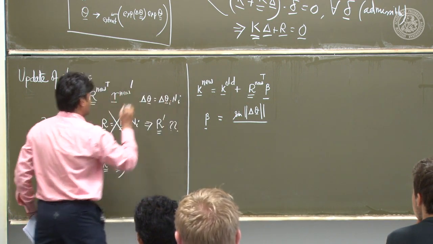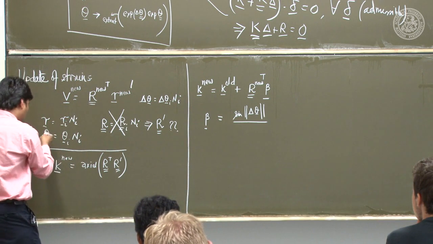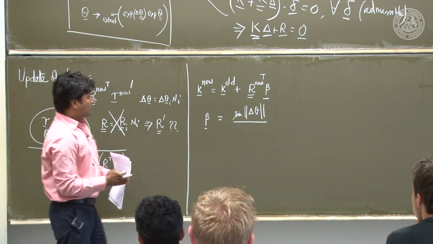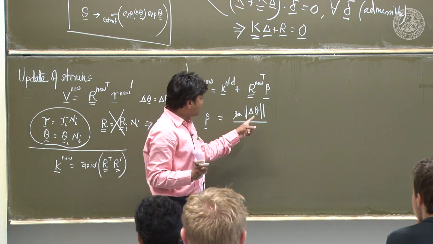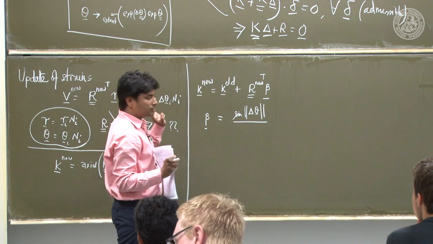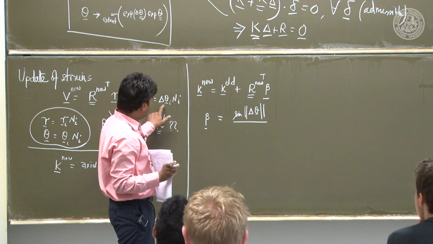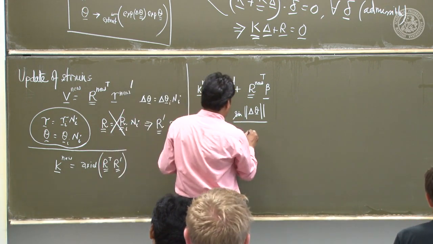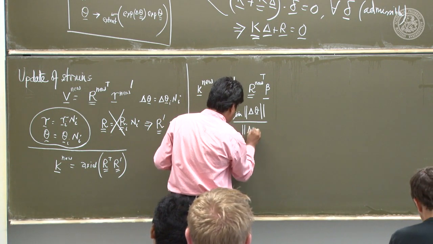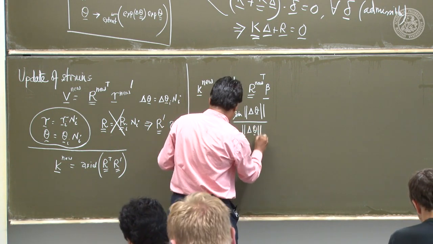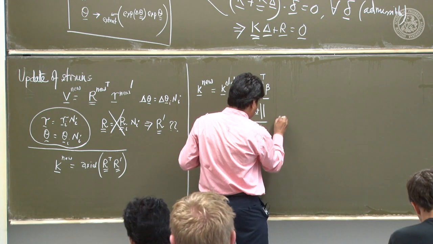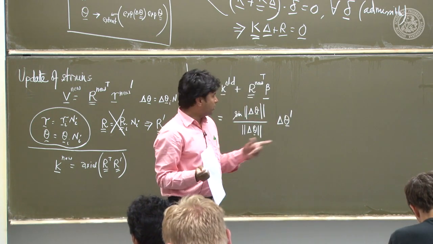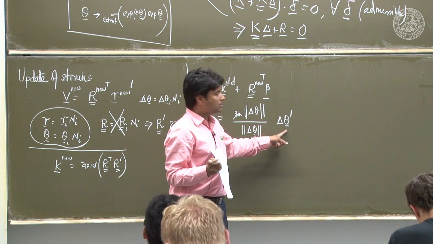This we had of course used, and we also extended it to configurations. Over here what you need is your delta theta at the quadrature point, divided by the norm of delta theta, into delta theta prime. How do you get your delta theta prime at the quadrature point?